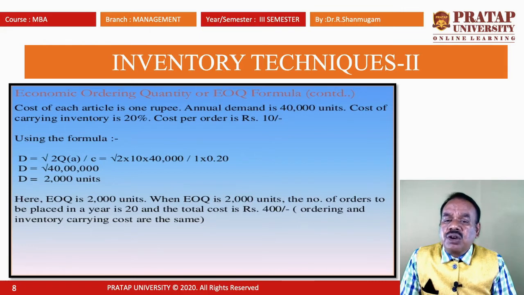When we calculate, we get 40 lakhs, and after the square root of 40 lakhs we get 2000 units. Here EOQ is 2000 units. When EOQ is 2000 units, the number of orders to be placed in a year is 20 and the total cost is 400. Ordering and inventory carrying cost are the same.